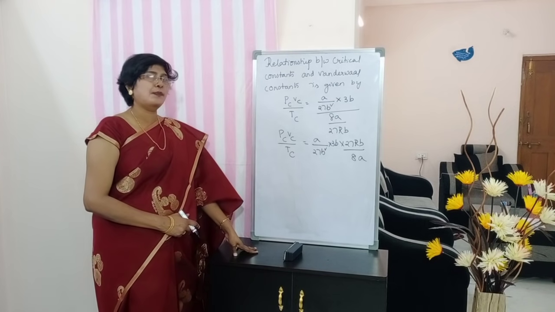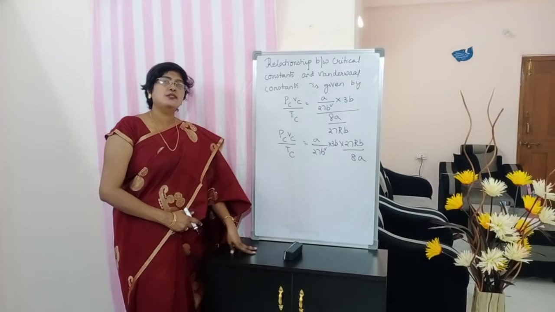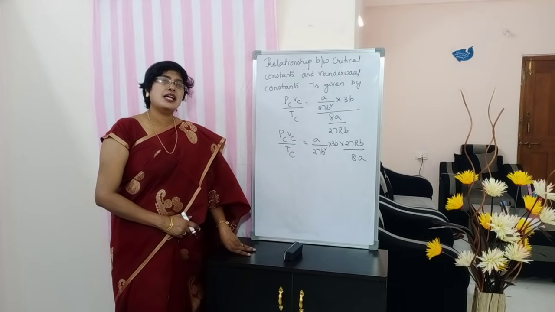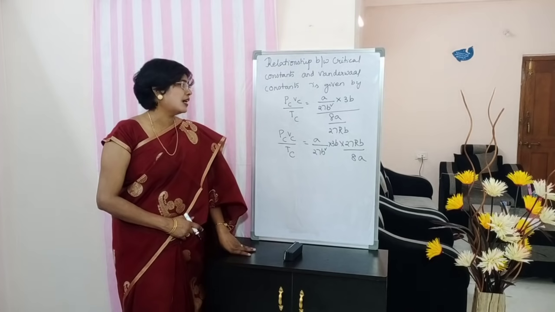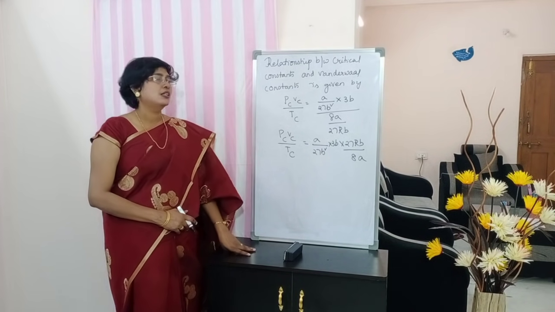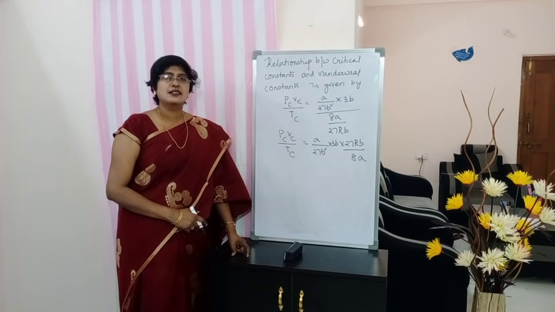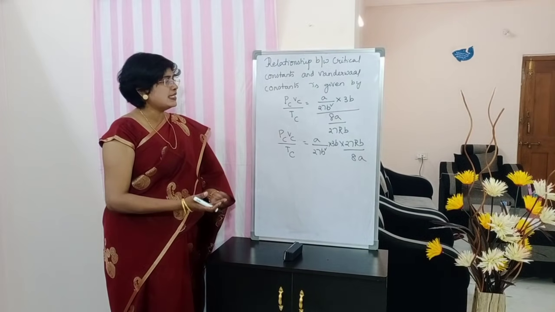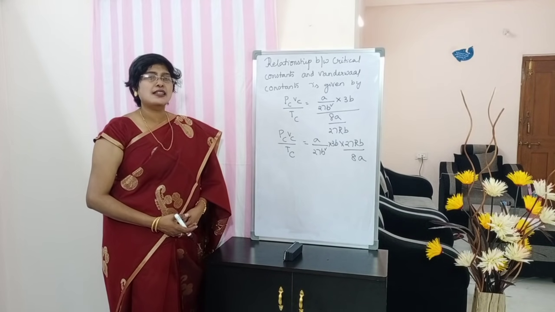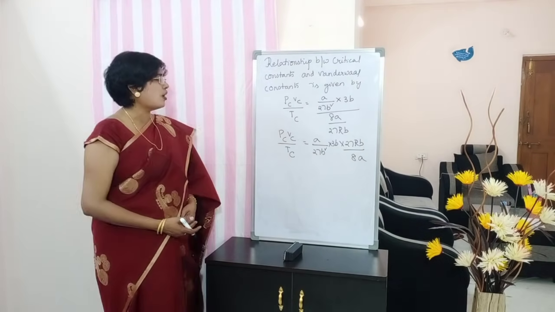So write down the value of Pc, A by 27B square, into, what is the value of Vc? 3B by Tc. Tc value is 8A by 27RB. Okay students. So PcVc by Tc is equal to A by 27B square into 3B into, now 27RB comes up by 8A. Now start or try to cancel the common terms, students, numerator and denominator.